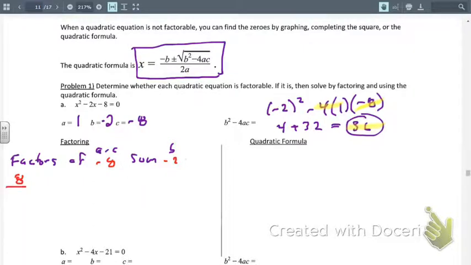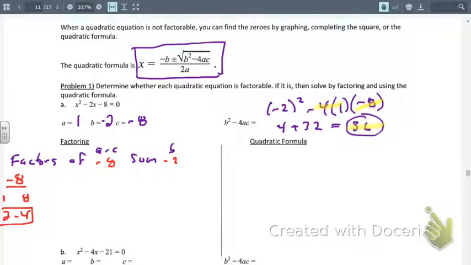Factors of 8: 1 and 8, 2 and 4. Remember, we want factors of negative 8, so I'm going to need one positive and one negative. But they have to sum to negative 2, so I have to make this 4 negative. So there's the combination I'm going to be working with.